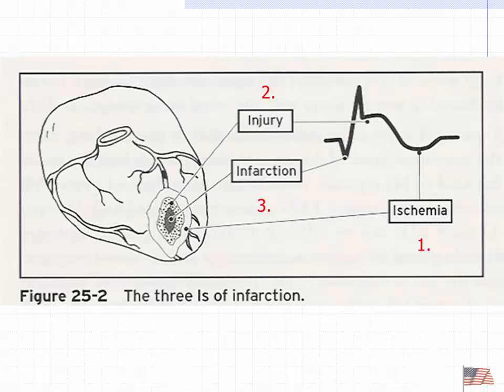If the occlusion is here, everything distal to it won't be fed with blood. In this case, that's the anterior wall. V3, V4 will show signs of ischemia, injury, and eventually infarction.